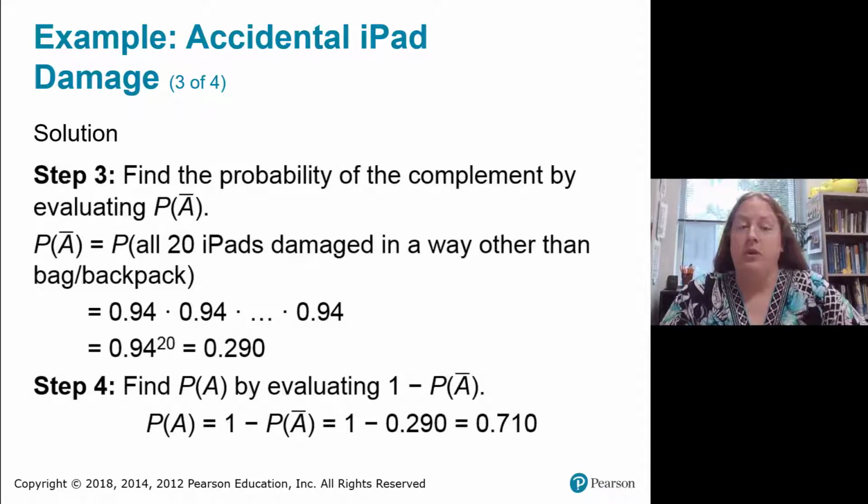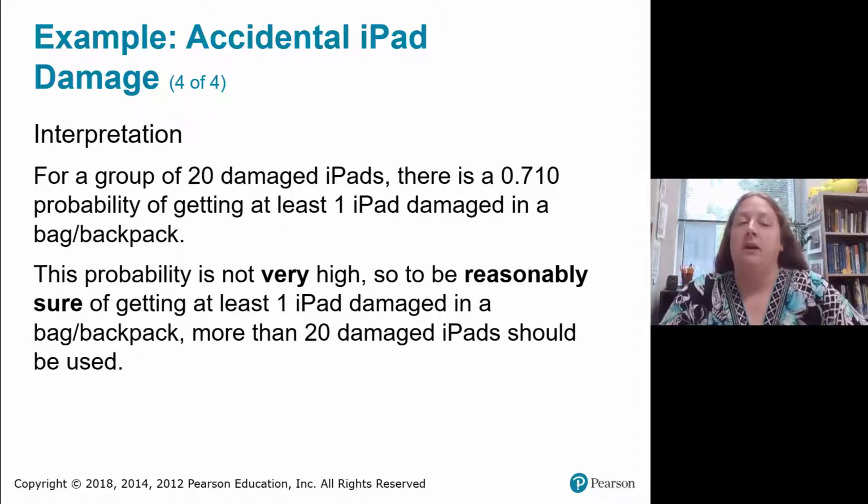and that gives us a probability of 0.29. So now if we want the probability that at least one of the iPads was damaged in a bag or backpack, then we need to take 1 minus this probability of A complement that we found. So we'll take 1 minus 0.29, and we'll find a probability of 0.71. So now that we have our probability, we want to interpret it.